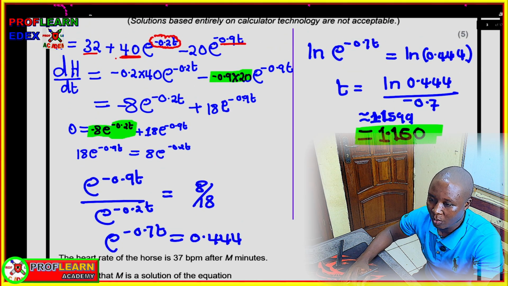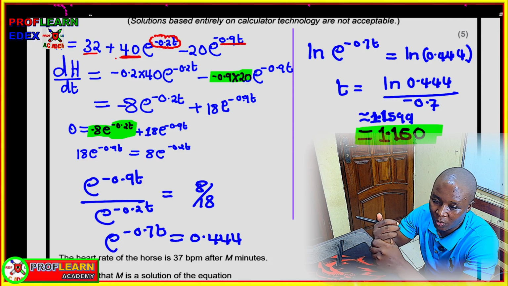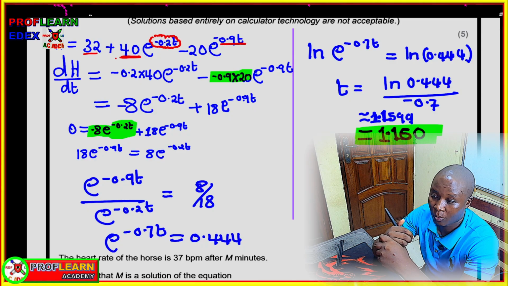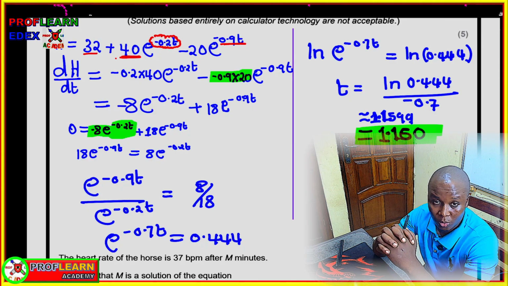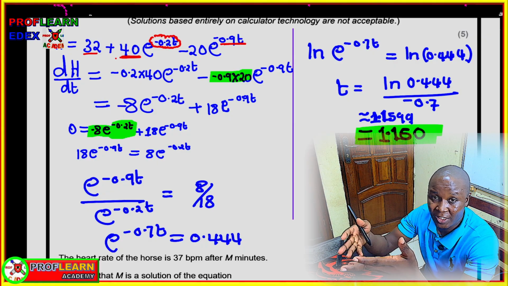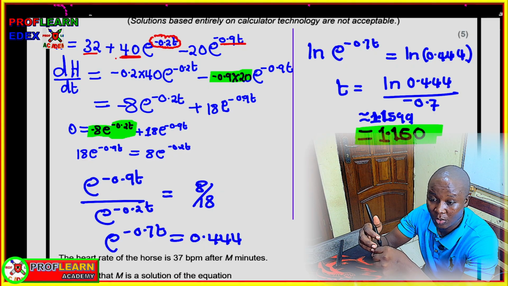And that is why our expression is now going to become e is to negative 0.7t is equal to 0.44. Once you have gotten this, you need to solve for t, because whenever you have an exponent, you want to get rid of that exponent, so you need to introduce natural log.